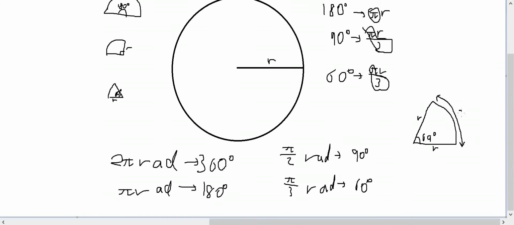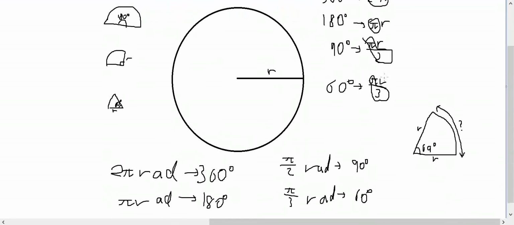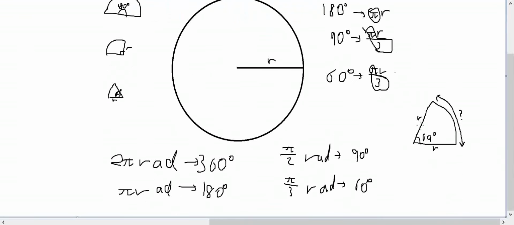So if the angle is represented as 69 degrees, then to find this length is going to be a bit complicated. Let's say this thing is a circle, the circumference is 2 pi r.